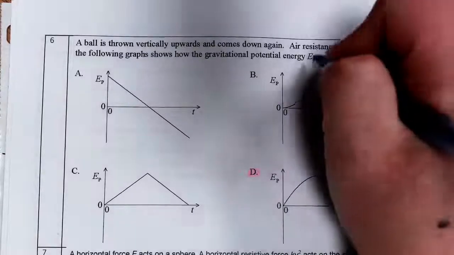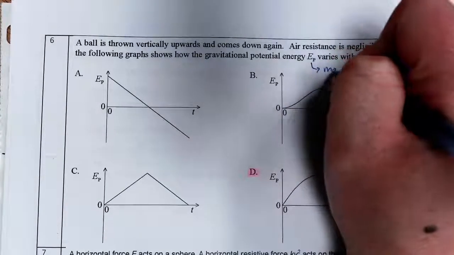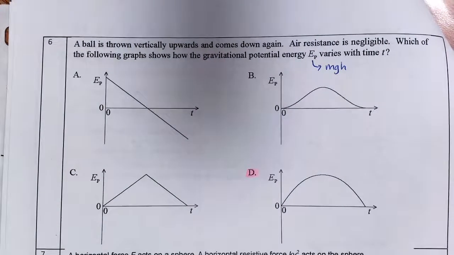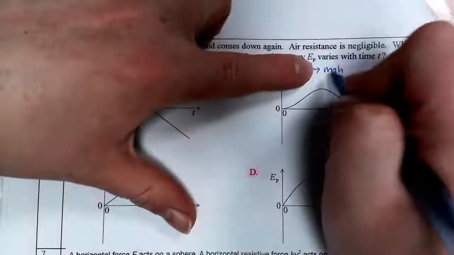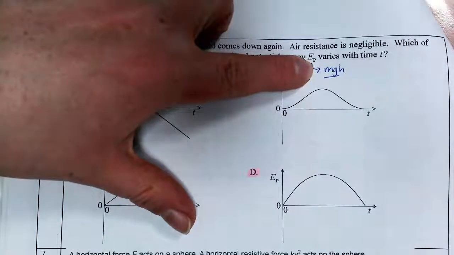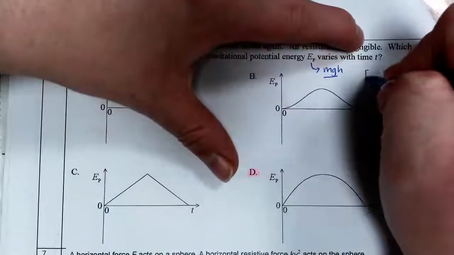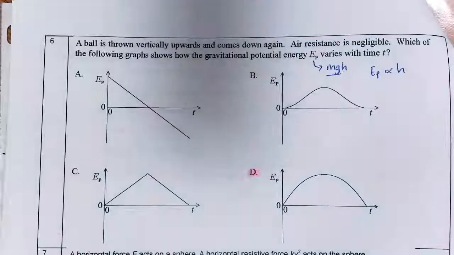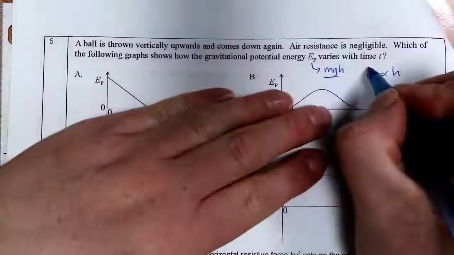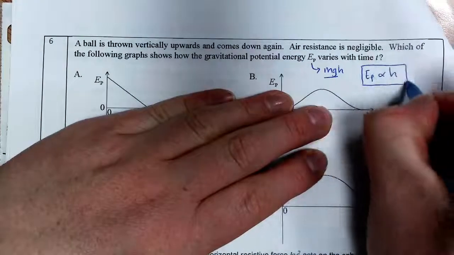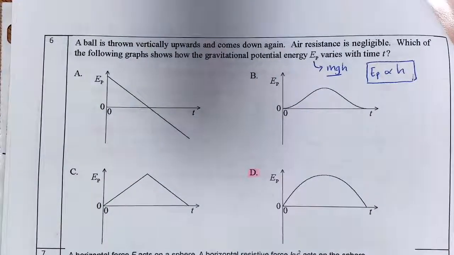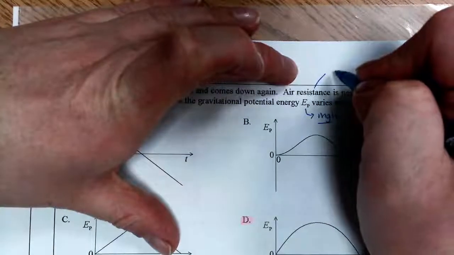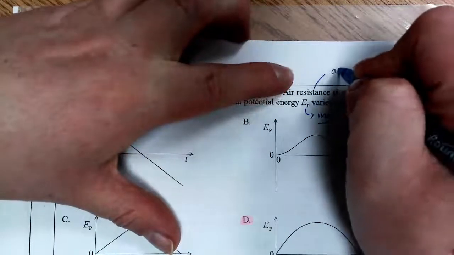So again, let's write mgh for how we calculate gravitational potential energy. m and g are constants, so I can say that potential energy is directly proportional to the height of the ball at any given point in time. If air resistance is negligible, all we have is acceleration due to gravity.